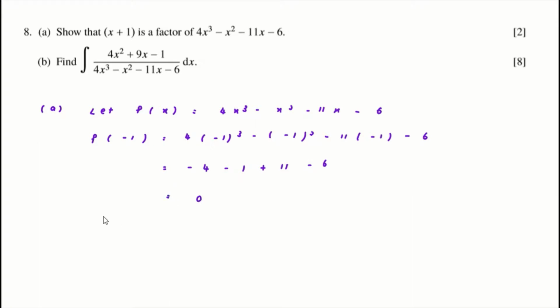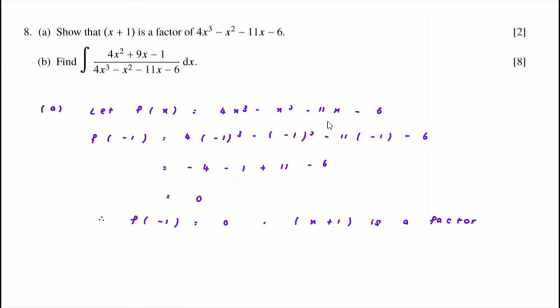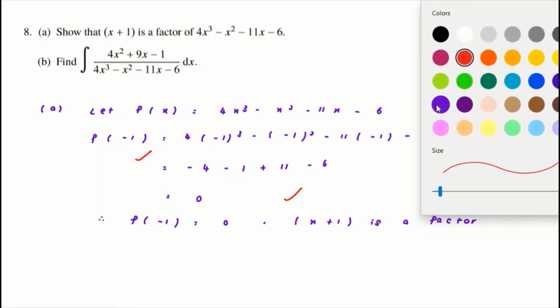So from there you know that x plus 1 is a factor. For this question, you need to substitute negative 1, then get your last answer as 0, and you get 2 marks. Now let's move on to the next part.